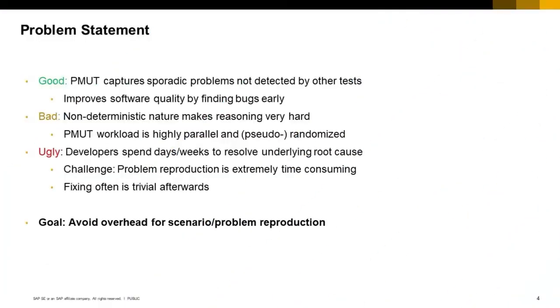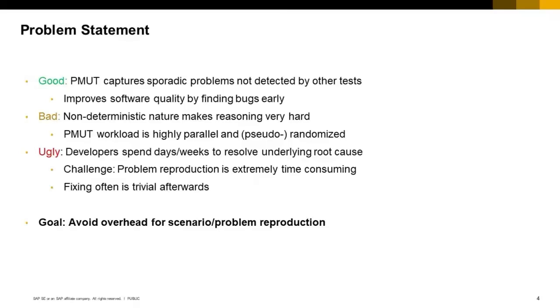Now, the good thing about this is these tests on the parallel multi-user testing side are capturing a lot of sporadic issues that you usually don't find, right? And it's good that we find those things in-house instead of bumping into these situations on productive systems on our customer side.